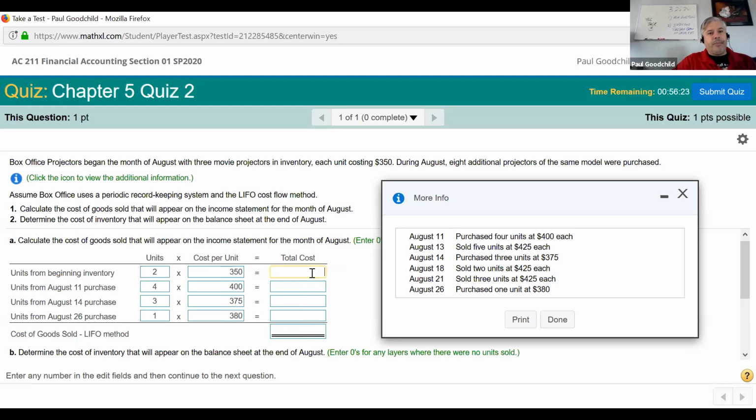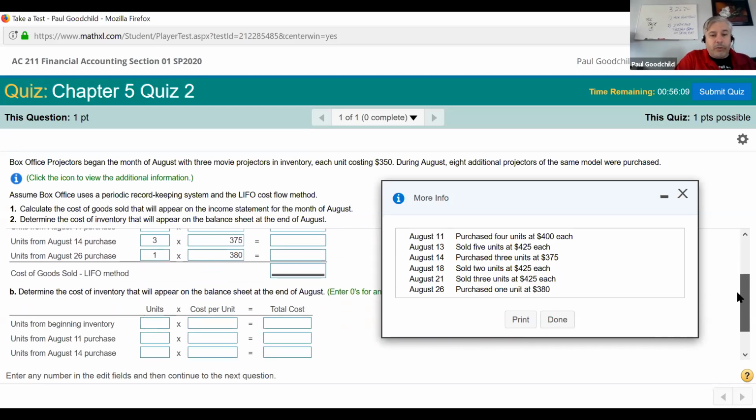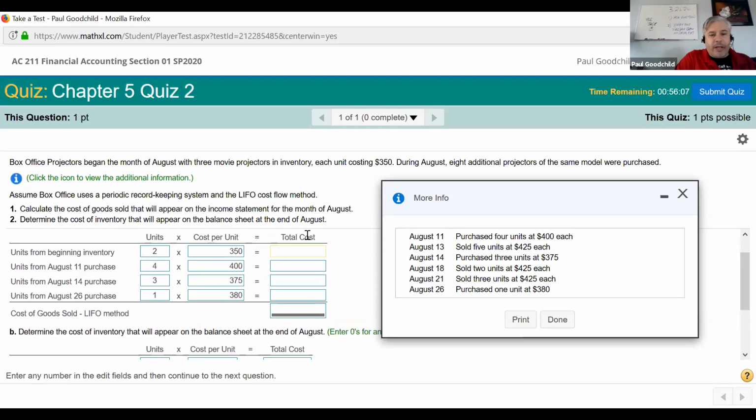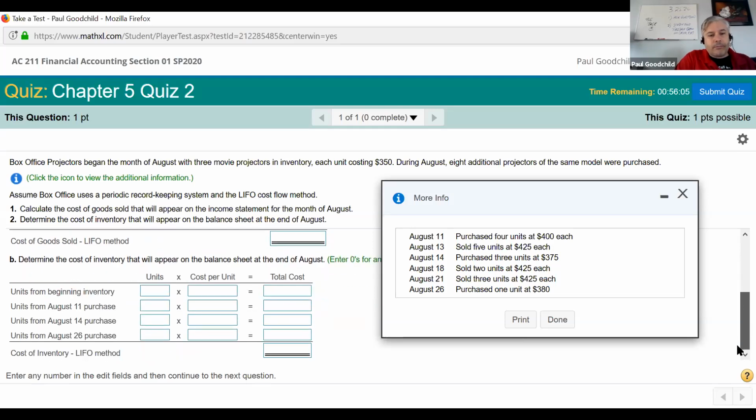The easier way to think of it is you've sold 10, you have 11. The very first one you got is the one that's not being sold. That might work for you, might not. So you'd have to multiply those out. And then down here, the only thing you'd have is the one at 350. So that would be 350. The rest would be all zeros except for the cost category.